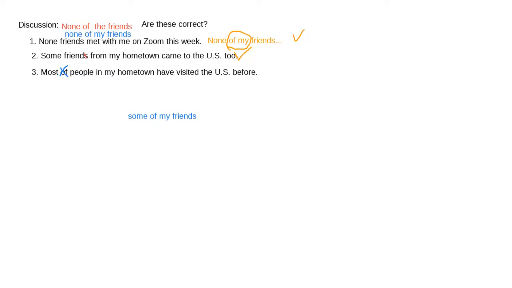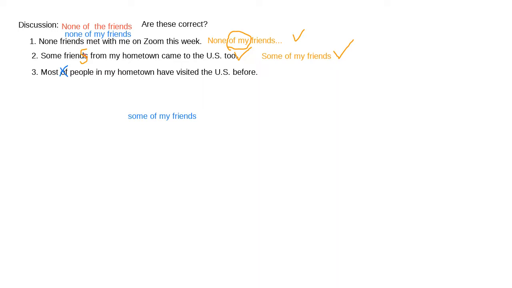I can't take off that little red mark there, but we need to have the S. So I'm going to put this S back in here, okay? So some friends from my hometown came to the United States too. Yes, you can say some friends. You can also say some of my friends, some of her friends, some of those people. So both of those are correct, okay? On number two, we have a couple of different possibilities.